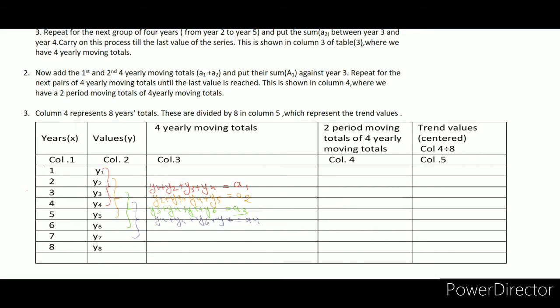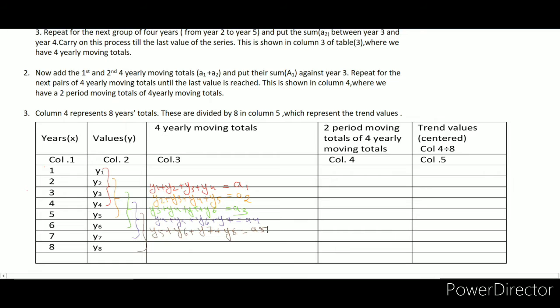Then the last group, since we have only 8 values, so 8 years, will be from year 5, 6, 7 and 8. Your value will lie in between the middle years, which is year 6 and year 7. So your total will lie somewhere here. Call this a5. So we have found the 4 yearly moving totals.